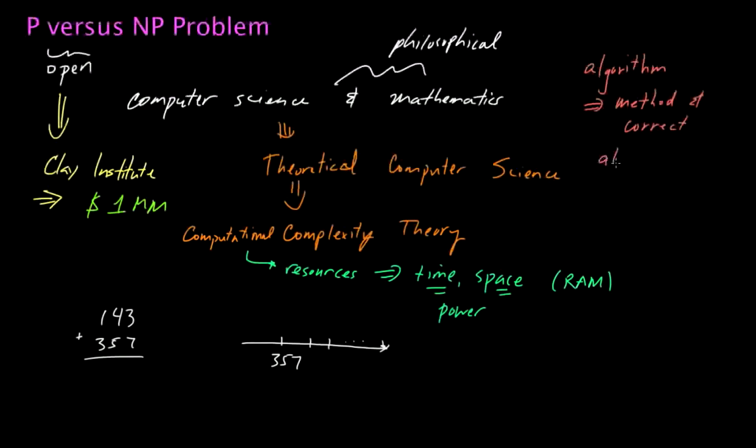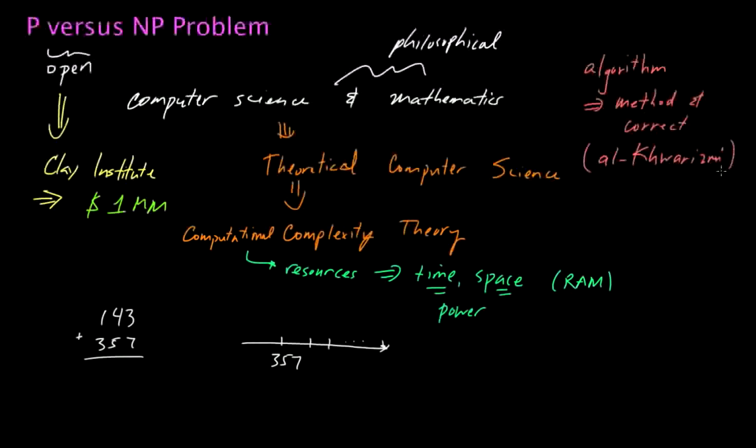In fact, the term algebra is derived from an Arabic word, al-jabr, which I think means to restore. So al-Khwarizmi made a number of impacts in mathematics, but his name is how the term algorithm was derived.